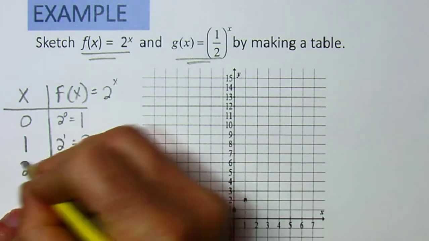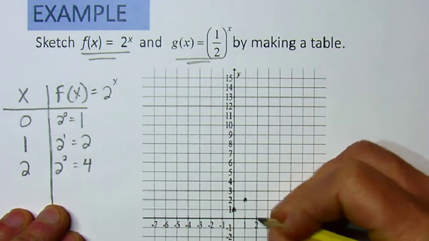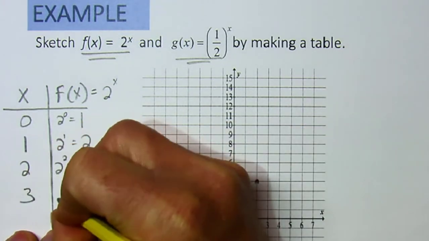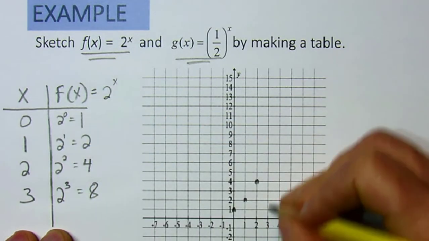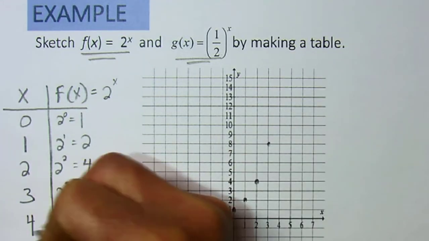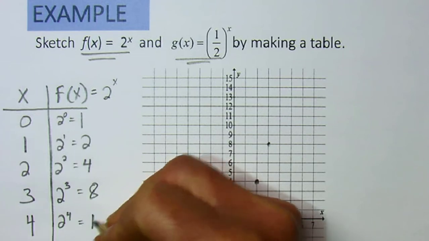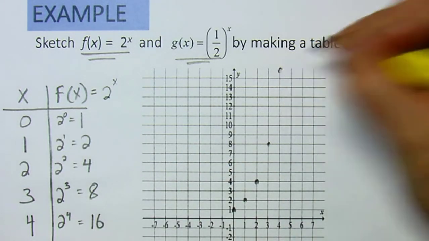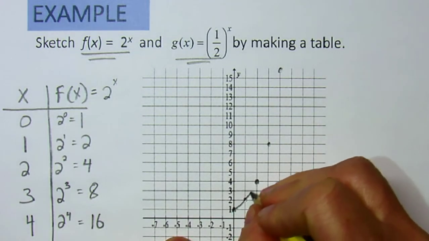When x is equal to 2, we have 2 to the second power, which is 4. When x equals 3, we have 2 to the third power, which is 2 times 2 times 2, or 8. And when x is equal to 4, we have 2 to the fourth power. 2 times 2 times 2 times 2 is 16. And you can see that already we've reached the top of our graph. So what we have here is another example of exponential growth.